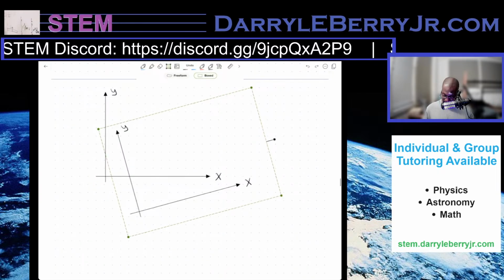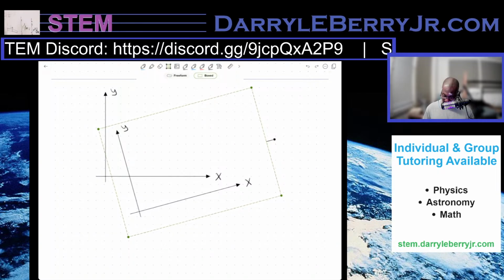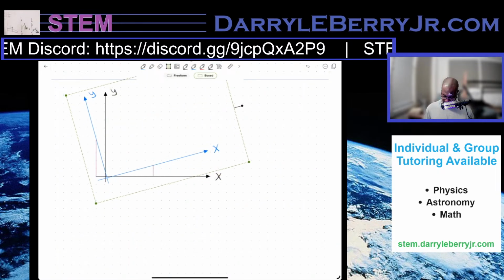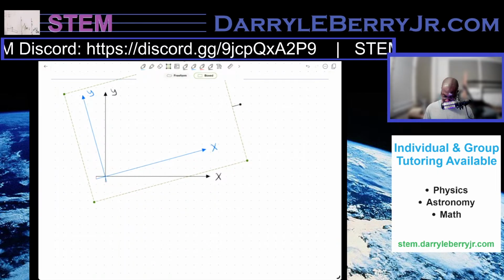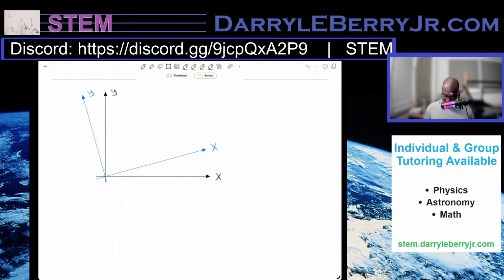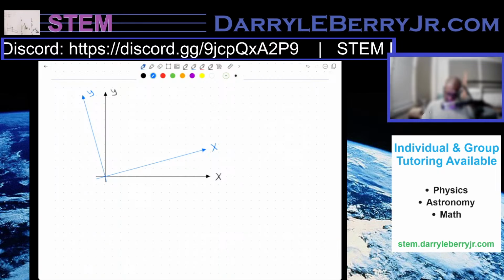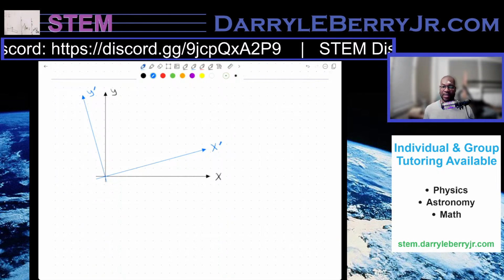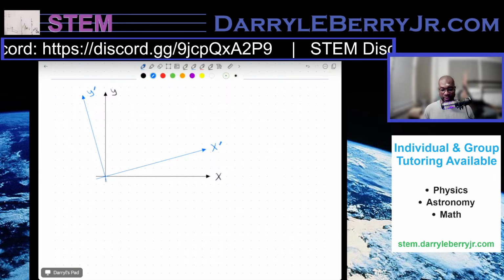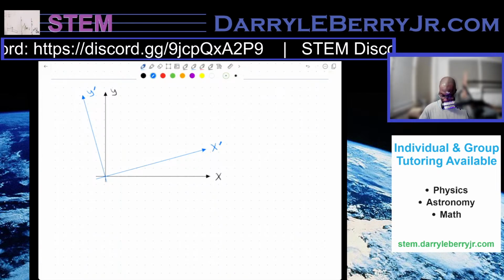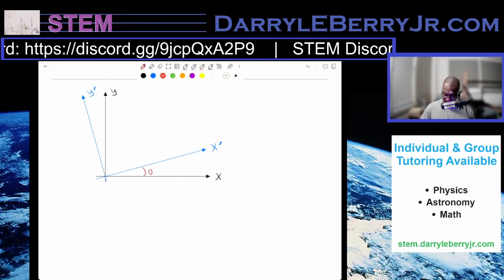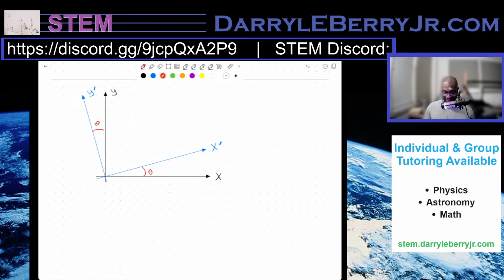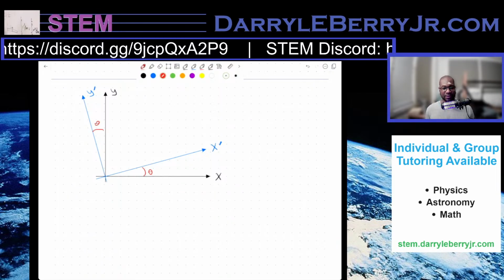And that's directly on the cross point that is rotated. So the prime is the rotated axis. And what we have here is this angle, theta, which would be the same for both axes, is the amount that we've rotated the axis in.